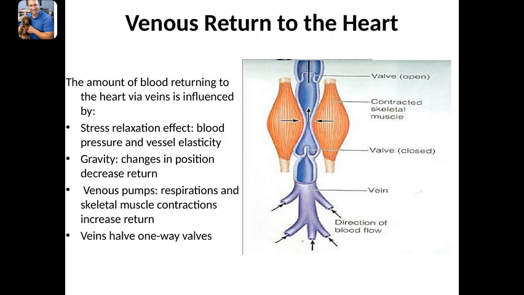So here's a depiction of the muscular system. Let's say it's your calf muscle, the gastrocnemius and your soleus. When you walk, those muscles contract, obviously, and deep within our leg, we've got the deep veins. And veins are unique because they have valves. They're one-way valves.